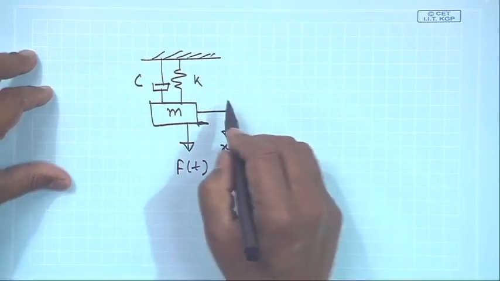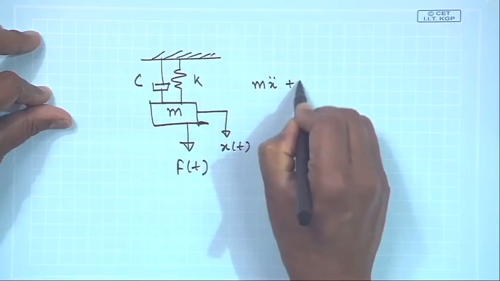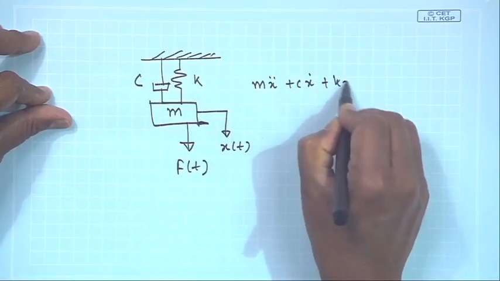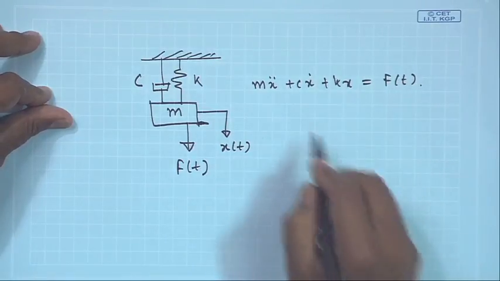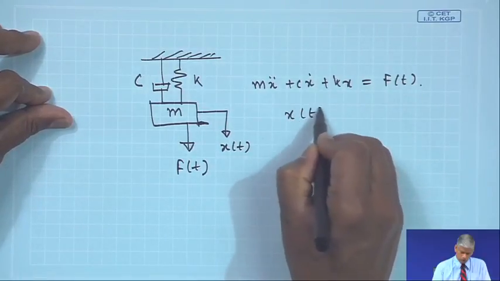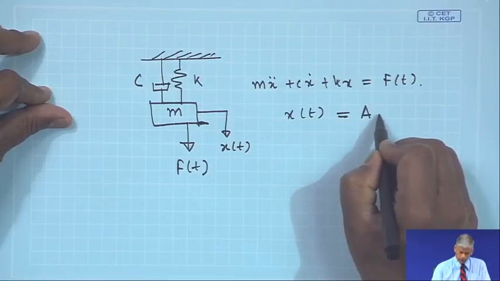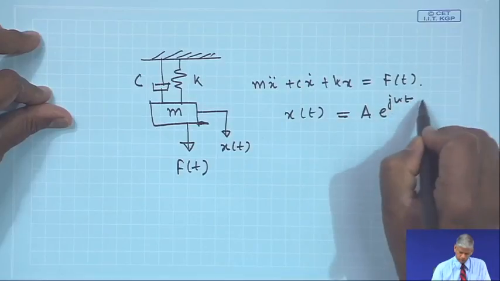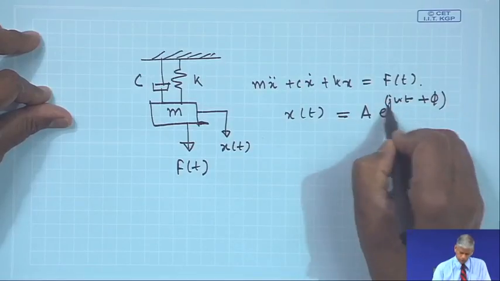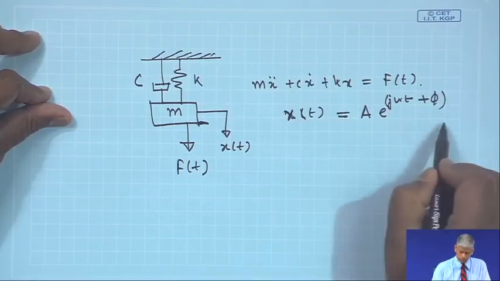If I write the equation of motion for such a system, okay. Now, this x(t), of course, depending on the conditions, I can write as A e to the power j(omega t plus some phase difference). This can be a form of the displacement.